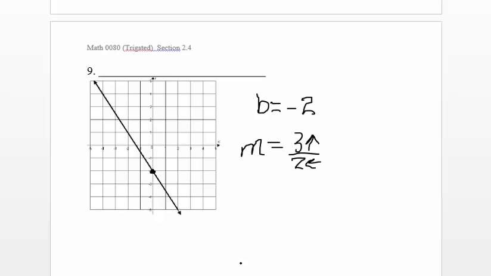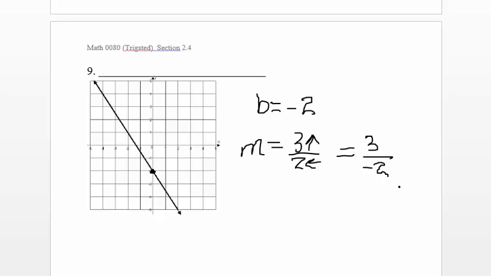And notice I'm picking movements that cause me to land at integer values for my x and y coordinates. So 3 units up means my rise is a positive 3. 2 units left means my run is a negative 2.